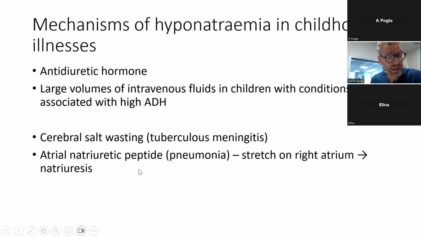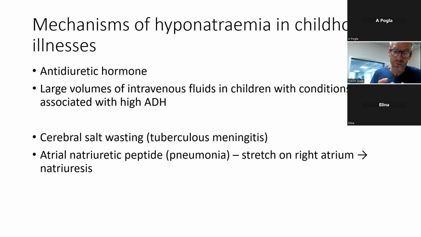There's also another mechanism, and it's not antidiuretic hormone, but atrial natriuretic peptide. I won't go through it too much, but it's in pneumonia. As you know, if you've got pneumonia, then often your pulmonary vascular resistance will be higher. Pulmonary hypertension is a problem. Therefore, you may get stretch on the right atrium because of the higher pressure or higher blood volume.